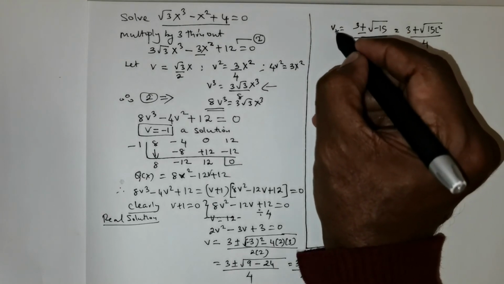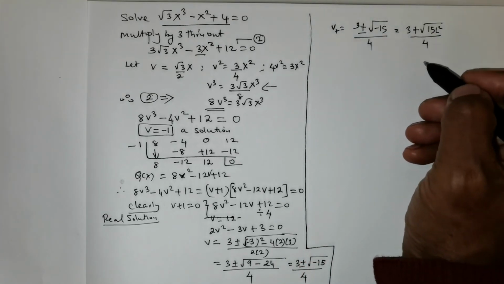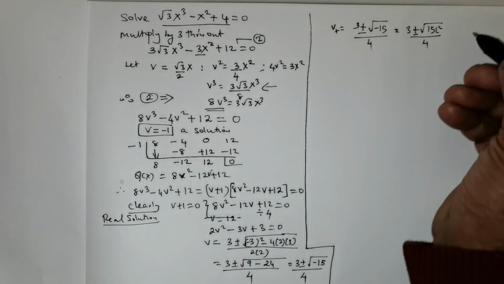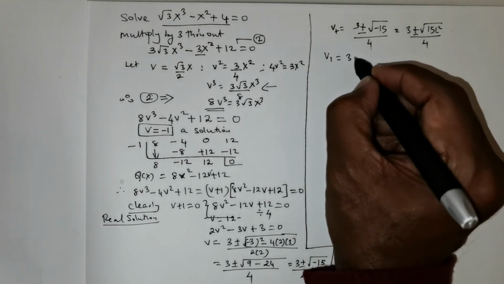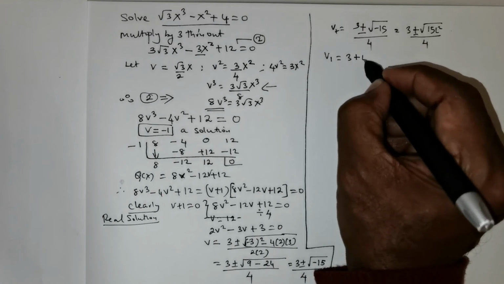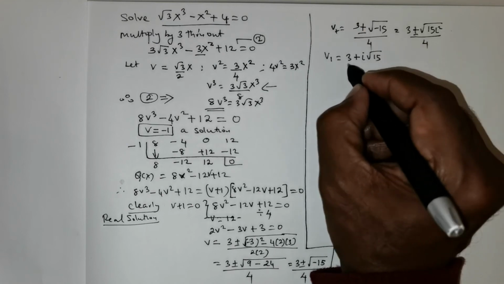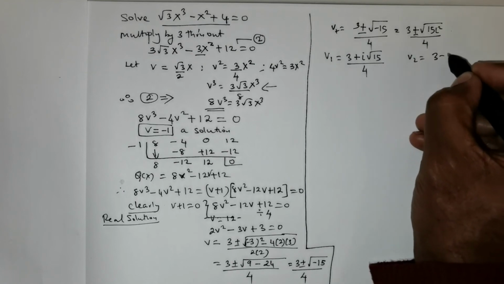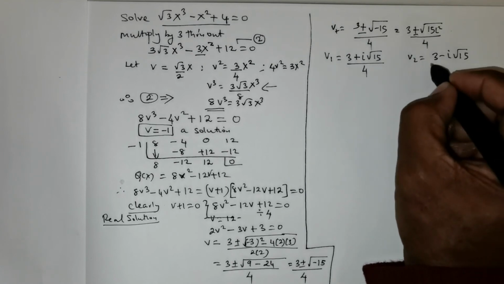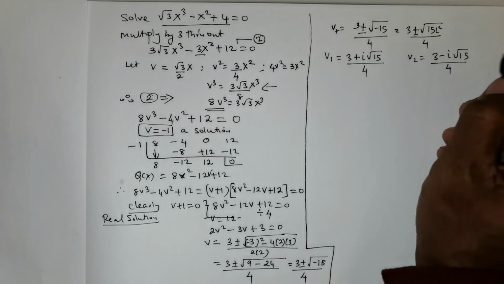In fact, I don't need to write this as V1, I'm just writing it as V. So now I can write two roots. One root would be 3 plus i times root 15 divided by 4. And the other one is 3 negative i times root 15 divided by 4.